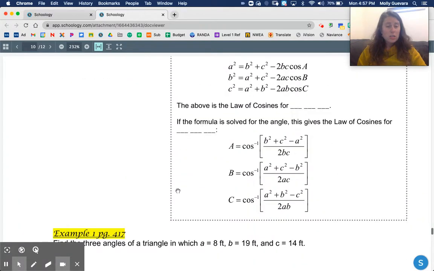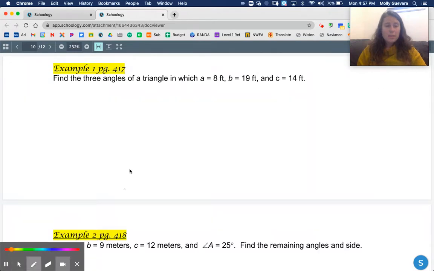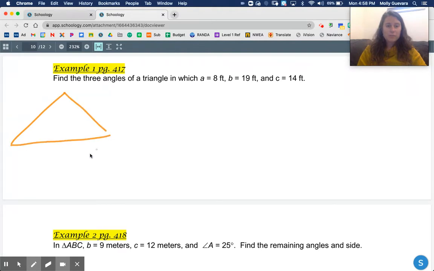So let's go down and look at example 1. Example 1 says find the 3 angles of a triangle in which, and I'm going to go ahead and label, side a is 8, side b is 19, and side c is 14.